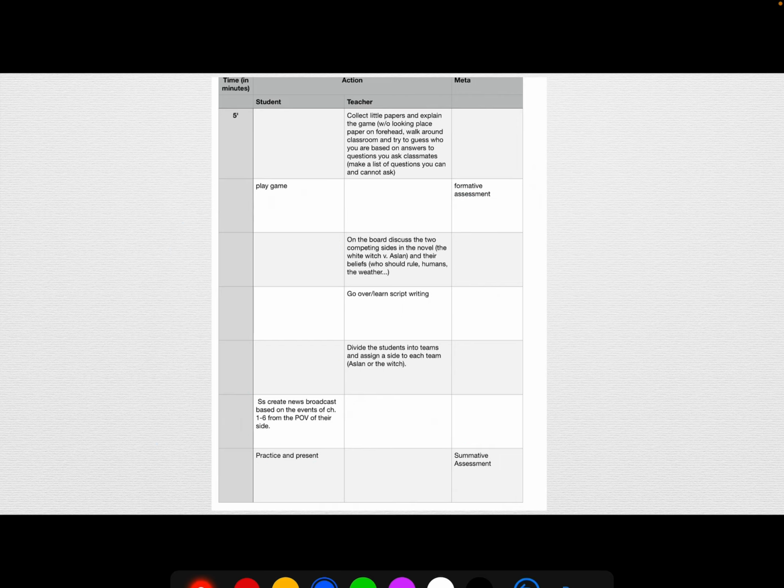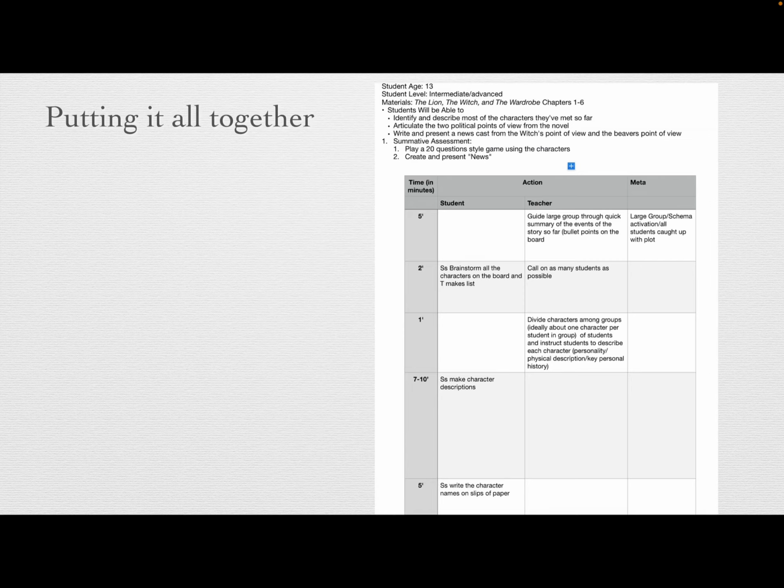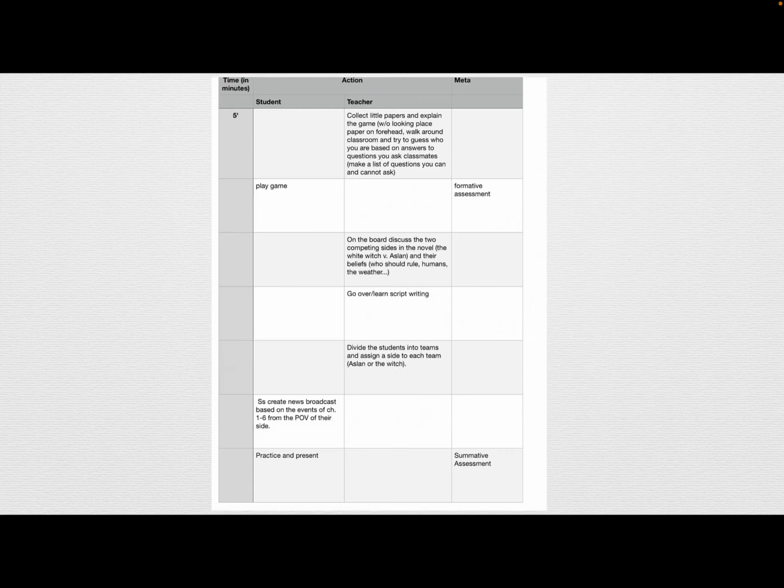So this lesson is really focused on a student-centered learning environment that in terms of time, most of the time, the teacher is just listening. And my goal with a lesson like this, especially with advanced learners, is to talk as little as possible.